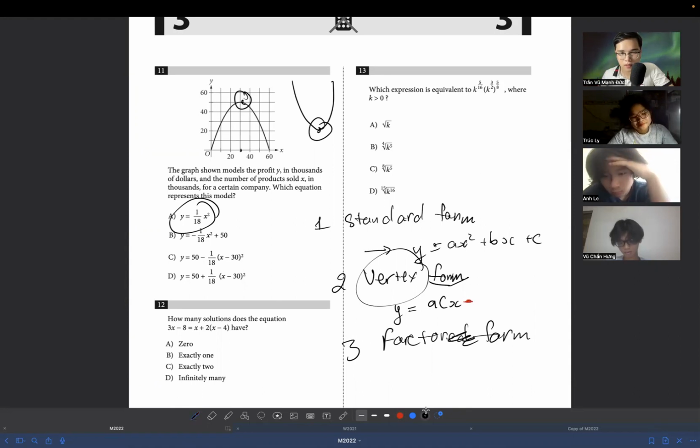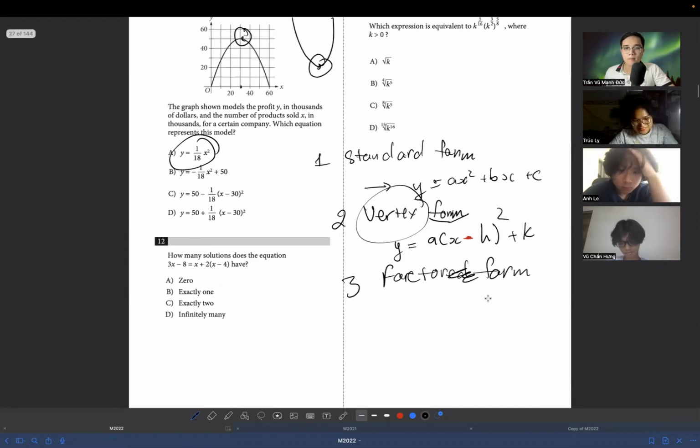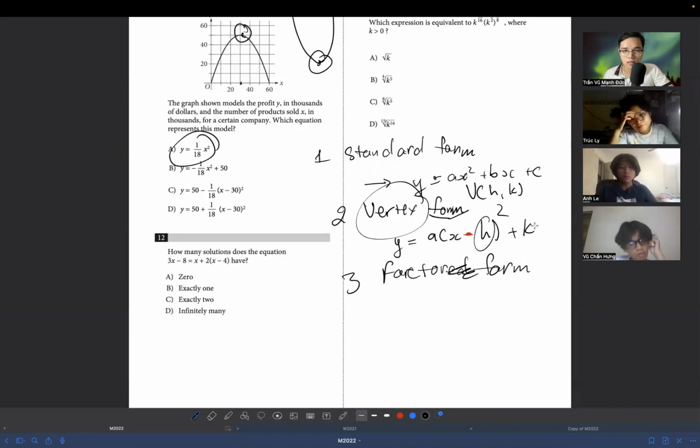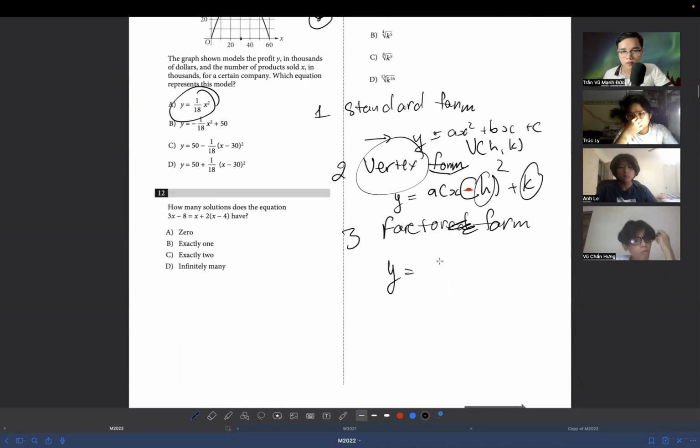Here h and k are the coordinates of the vertex, (h, k). Remember the minus. And the factor form is basically y is equal to a(x minus x1)(x minus x2).